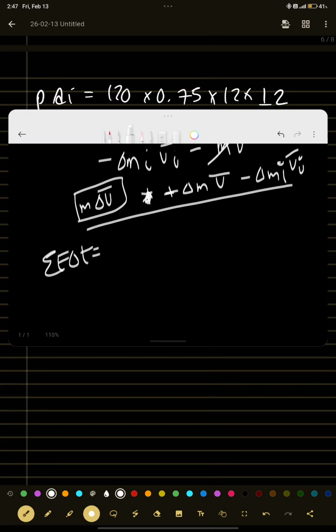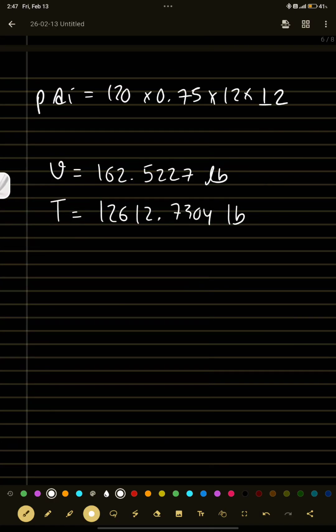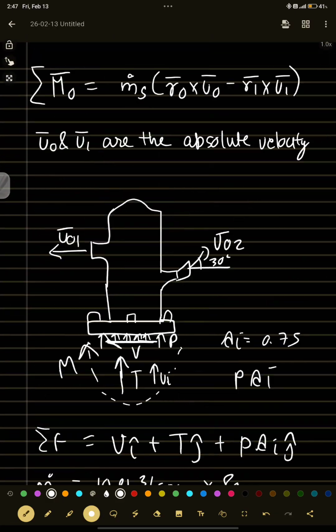Okay, so how do we find the bending moment now? Which point will we take the bending moment about? Which fixed point will we choose? B. This point, right?